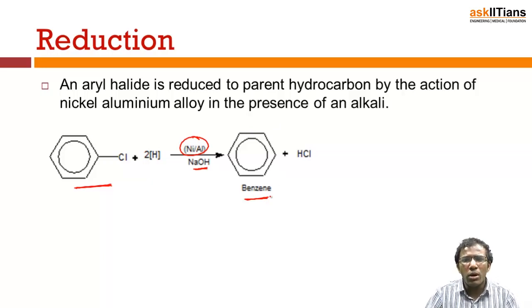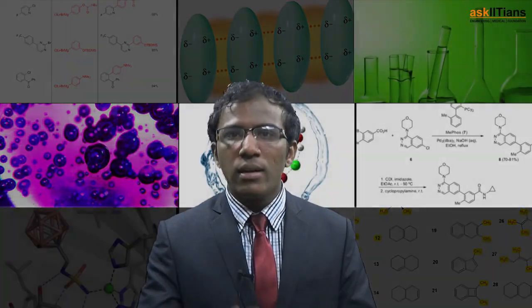So these are some chemical reactions shown by aryl halides: nucleophilic substitutions, reactions with metals and reduction reactions. The remaining one, the ring substitution reactions, I will cover in my next part. Students, in this part we discussed the nucleophilic substitution reactions shown by aryl halides.